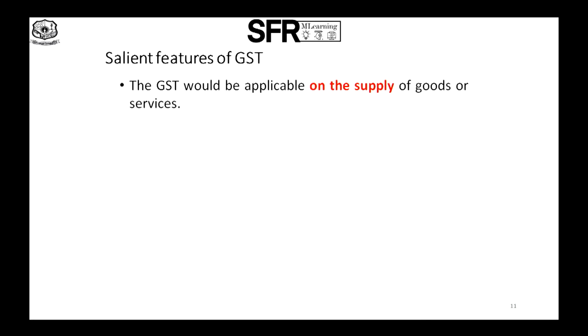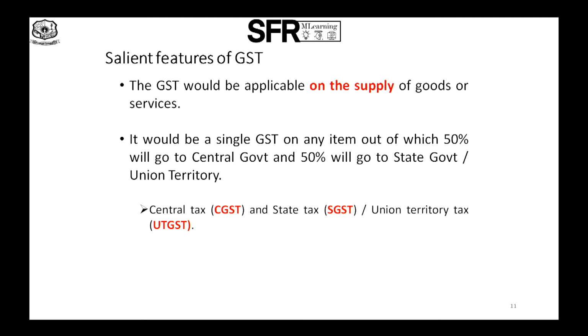Now, let us see the main features of GST. GST would be applicable on the supply of goods and services. It would be a single taxation system, and the maximum share of 50% will be enjoyed by the central government and the remaining will be shared among the state and union territories.